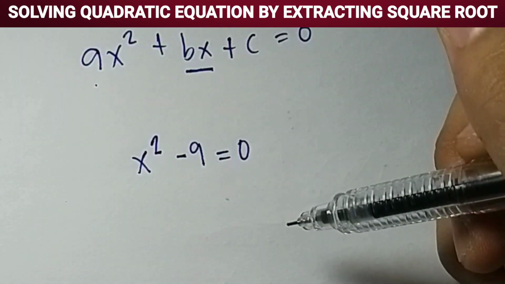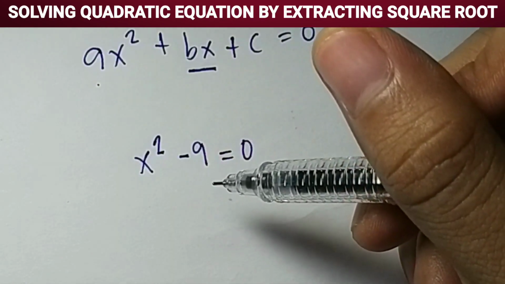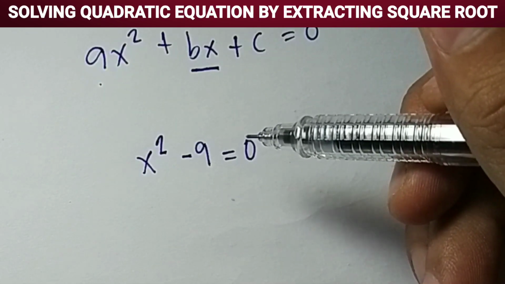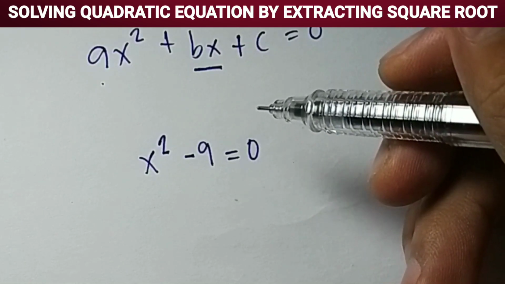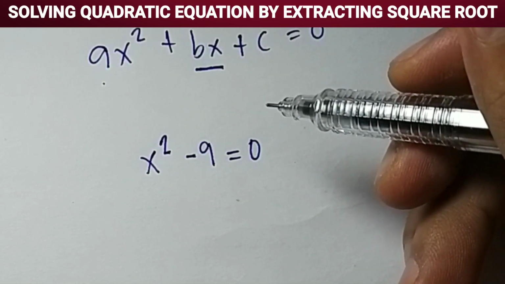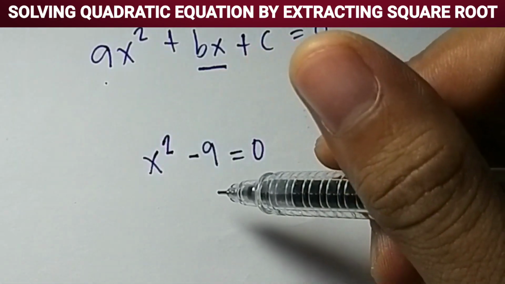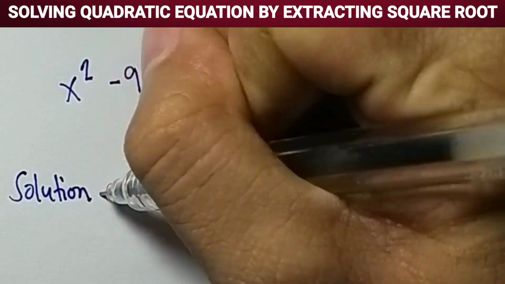So this time i-discuss nato kung unsaon pag-solve kini nga quadratic equation using extracting the square root. So I will show you the solution kung unsaon pag-solve using extracting square root. So to solve, okay, atong ipakita ang solution.